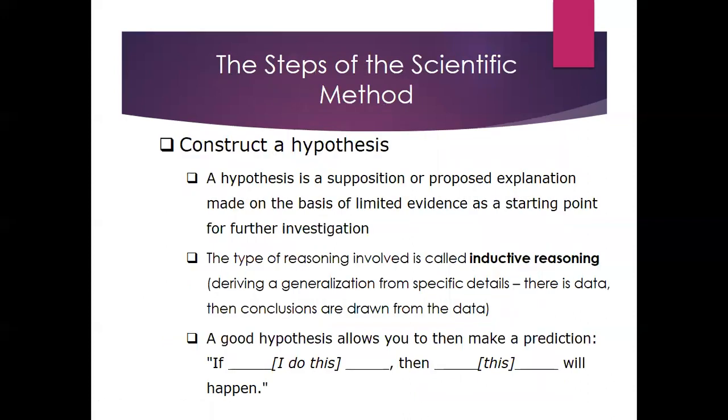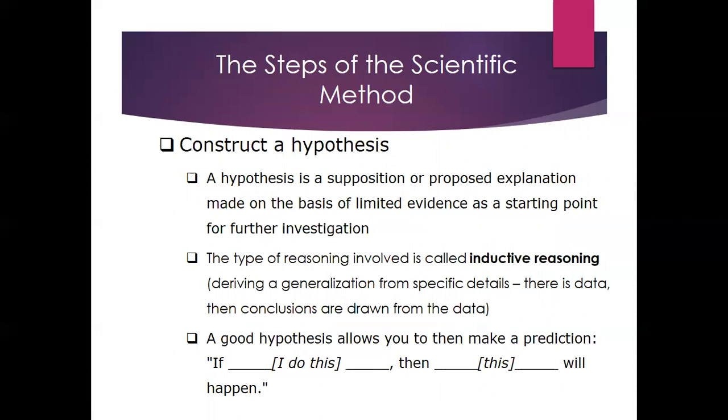So let's look at, again, in some detail, the steps in the scientific method. So assuming now that you have identified what you want to research, you have already identified and formulated your research questions, you now want to construct a hypothesis.